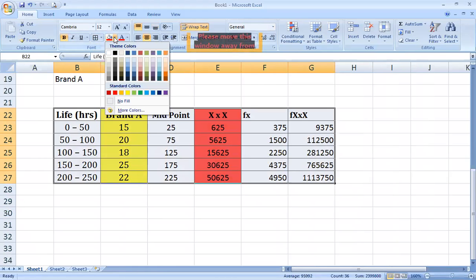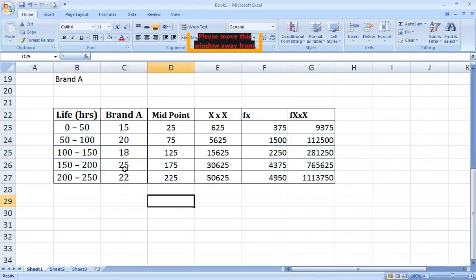Finally, we need to find sigma fx and sigma fx square.